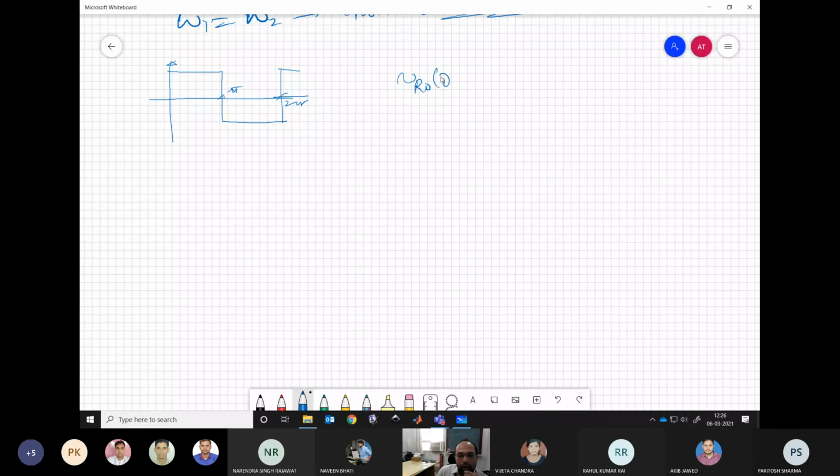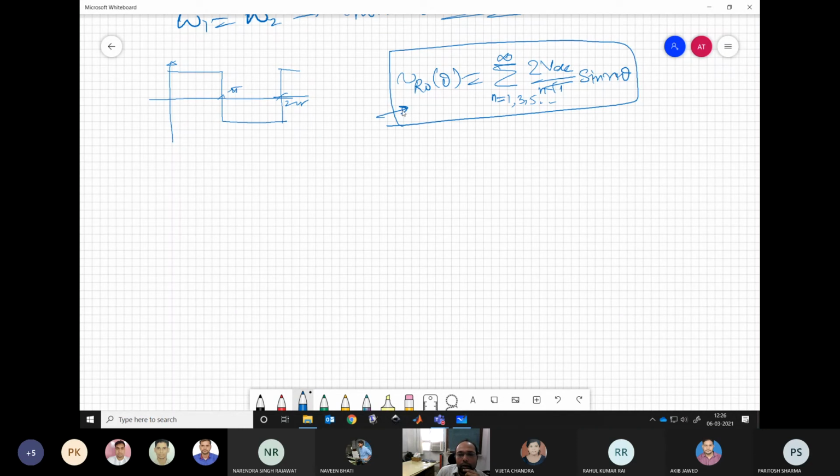This V_RO of theta will come out to be the sum of all odd harmonics going up to infinity, having a magnitude of 2 VDC by n pi times sine n theta. So these will be the harmonics present in the system, which means we have the first, third, fifth, seventh, and so on.